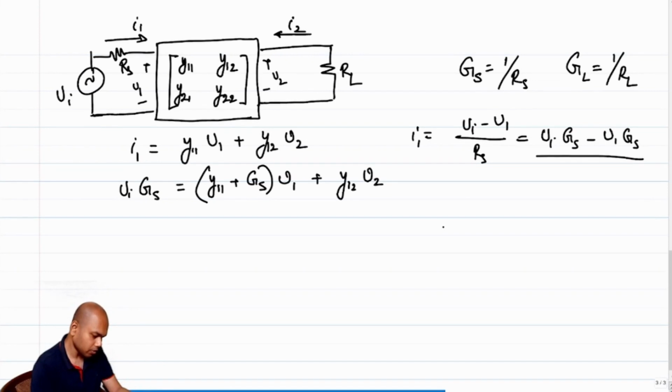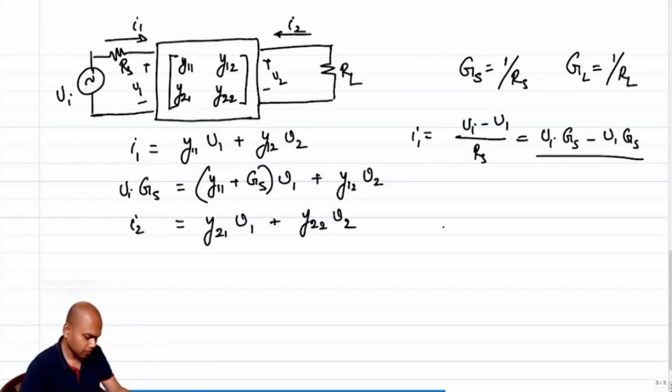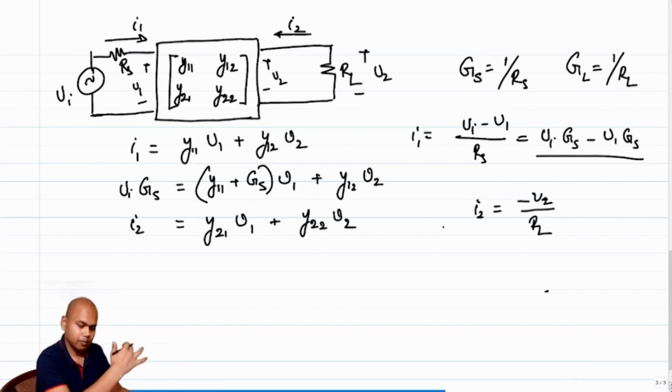Okay. Similarly, what is I2? I2 is y21 V1 plus y22 V2. Now note that I can also write I2 is equal to minus V2 over RL. By the way, in the notation of two port networks, I am pulling current into the port.